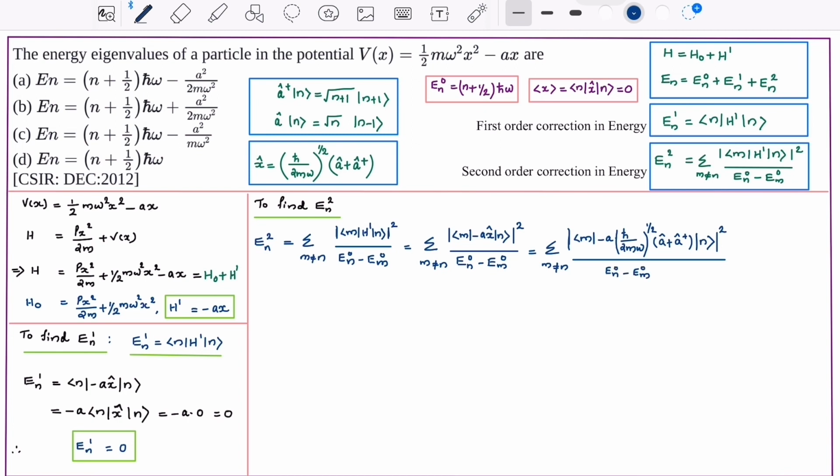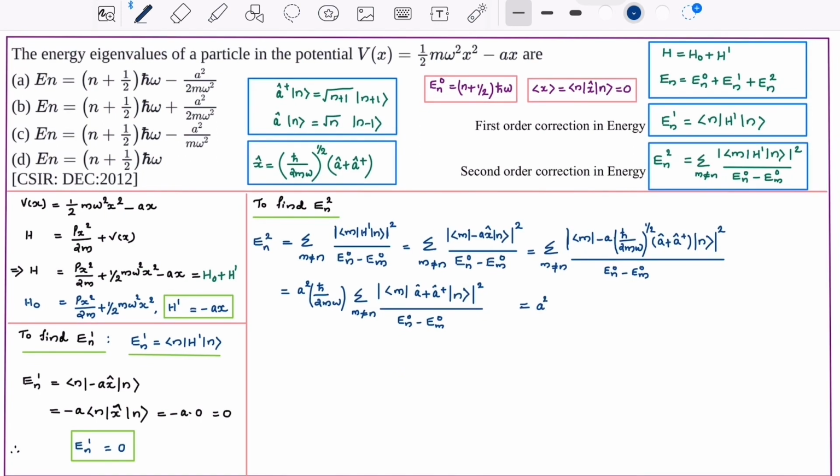Now let us take the constant term outside the summation. Then En2 is a square h bar by 2m omega, then the sum over m not equal to n. The term inside the summation is modulus <m|a plus a dagger|n> whole square divided by En0 minus Em0. Now let us separate the terms.